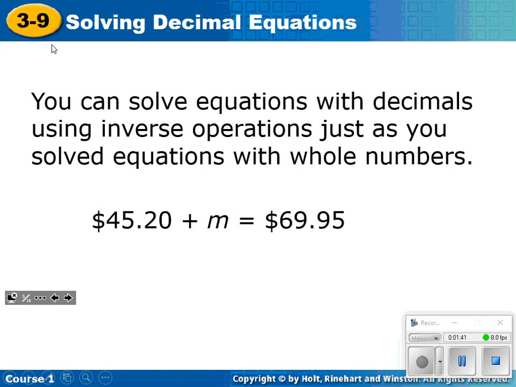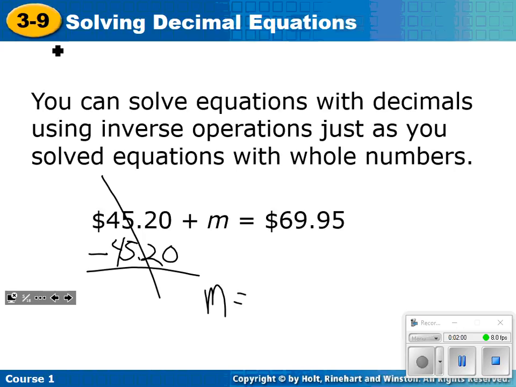So, rule number 2: do the exact opposite and do it to both sides. If we're adding 45.2, let's subtract 45.2, or 45.20. That means that goes away. We're left with m all by itself. M equals, well, we have to do it to both sides, minus 45.2.